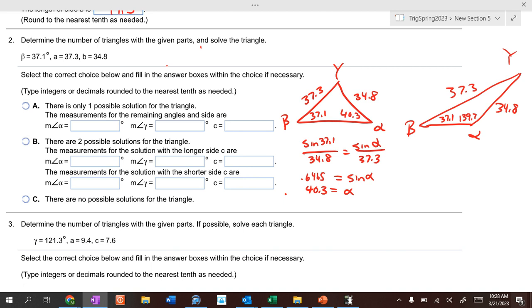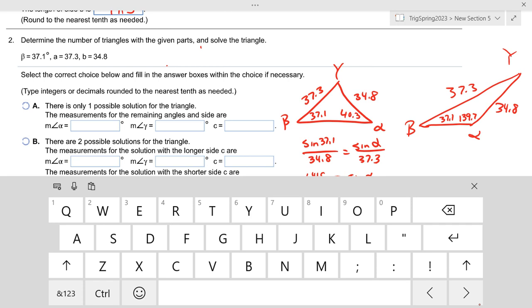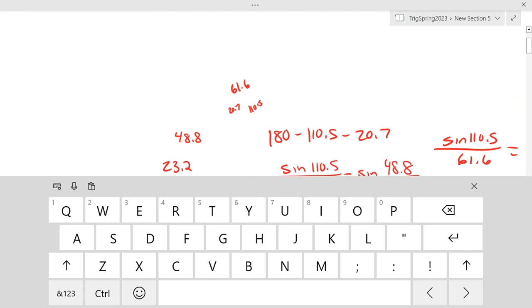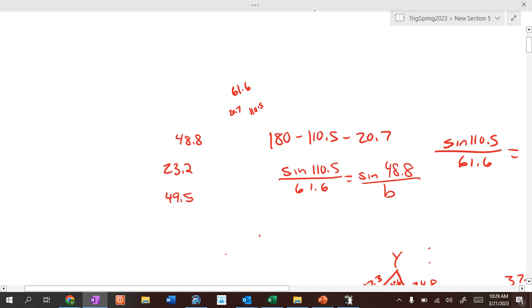So now we got to see what's left for angle gamma in each. Okay? So these two add up to 77.4. So it is 102.6, I think. Right?